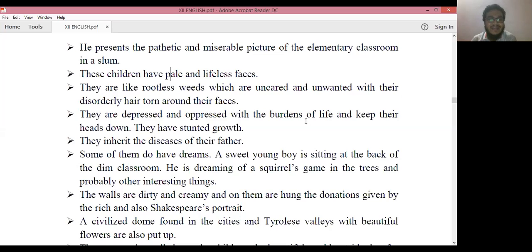They inherit the disease of their father, meaning the father was suffering from gnarled disease, referring to twisted bones. The same has been inherited by the kids, that we can see from the opening stanza of the poem. Two lines, first lines, I'm repeating, general observation.